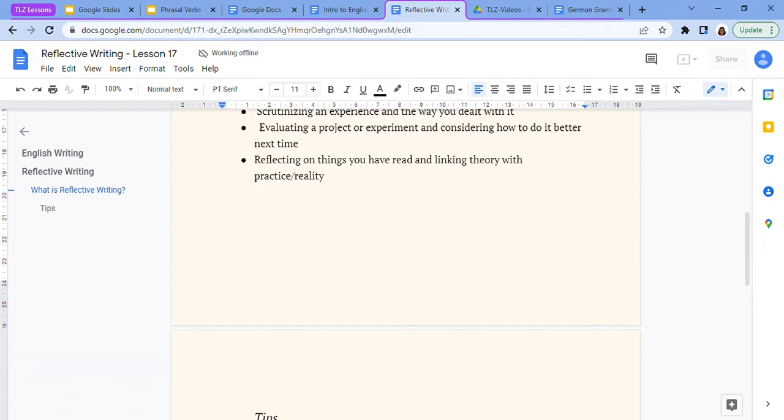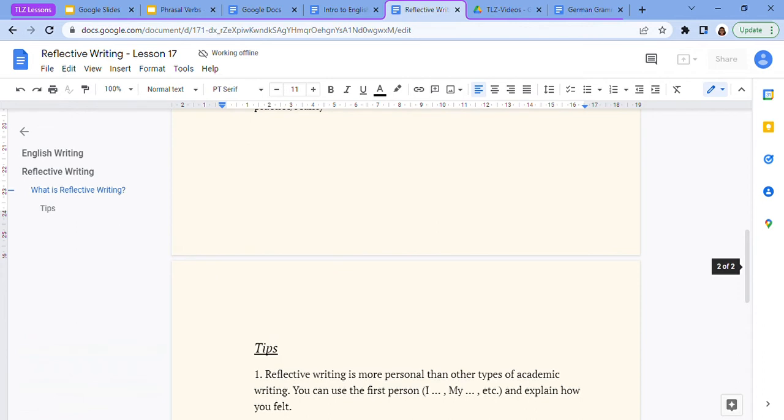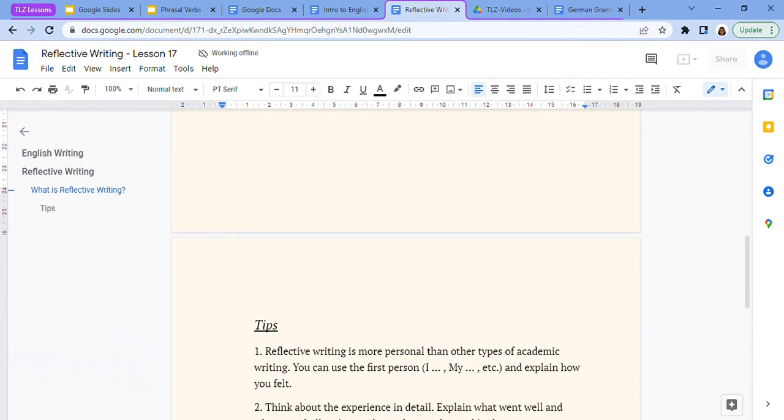Now, I'm quickly just going to go over some tips to guide you with reflective writing. You have to develop your own style because reflective writing isn't essentially rigid.